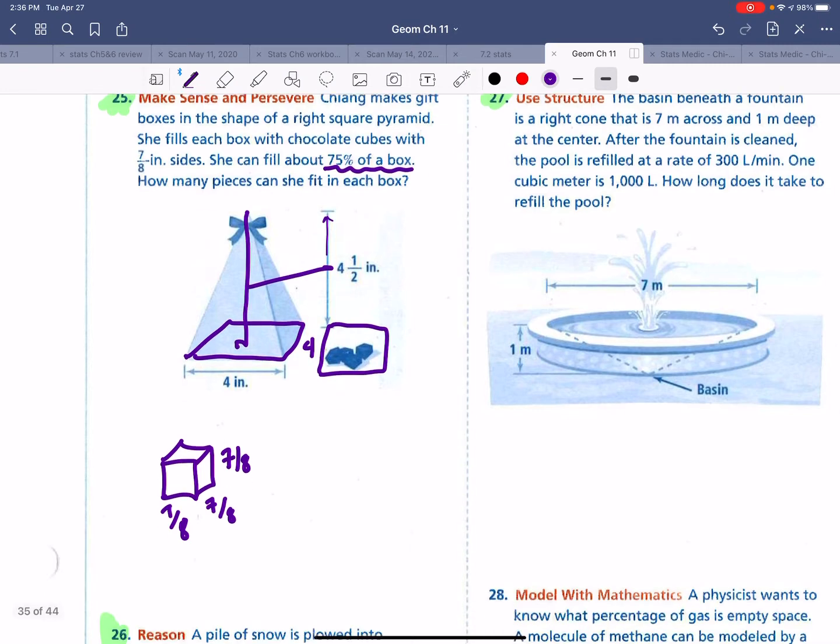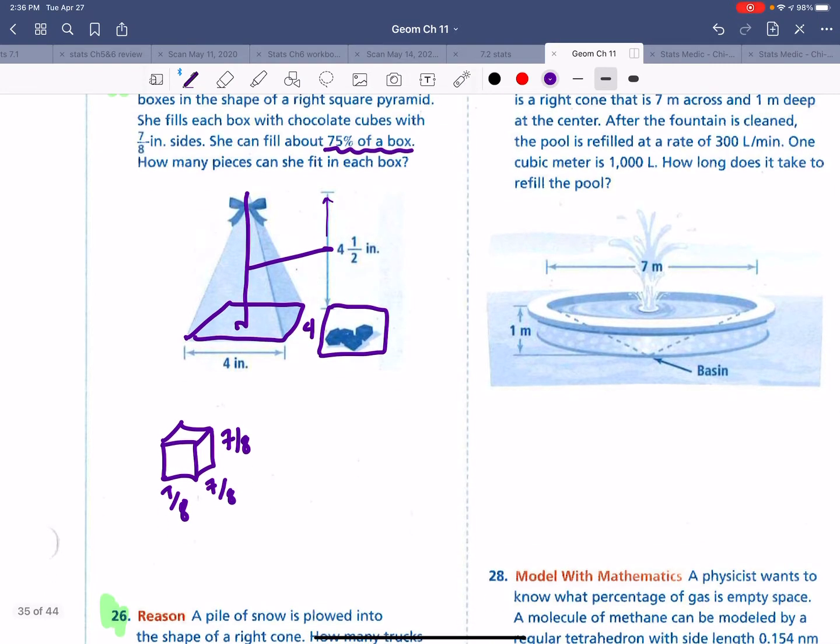Okay. So let's find the volume of each of these shapes like we've done in our others, right? So the volume of anything is the area of the base times the height, but these are pointy, so we're going to divide by 3. The base is a square times the height, 4.5, divide by 3. So let's find this volume. Okay, so I get 20.